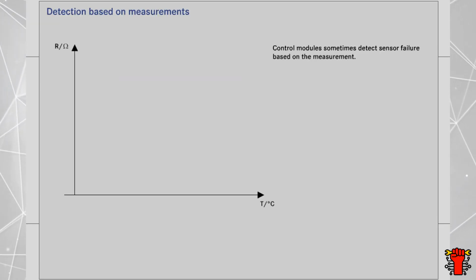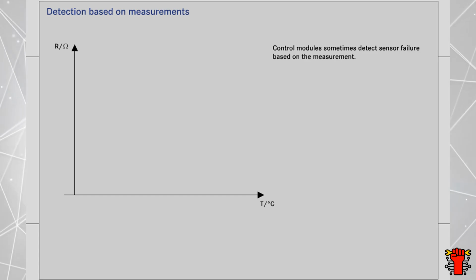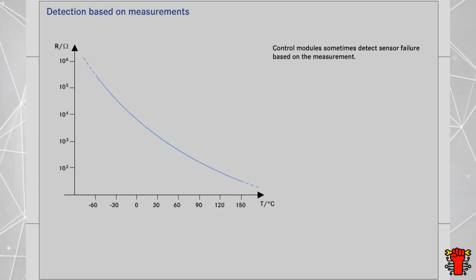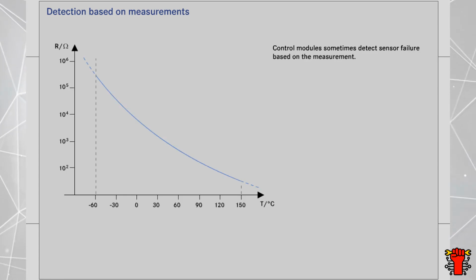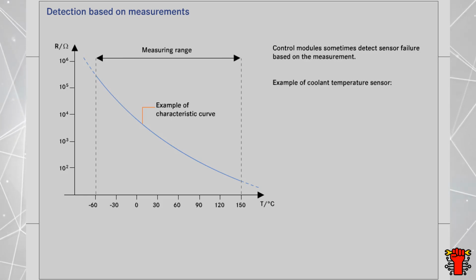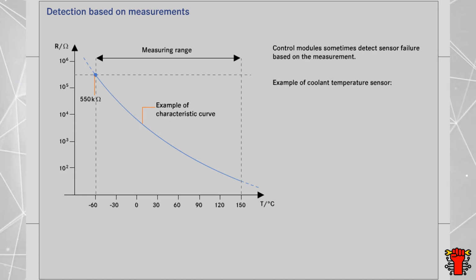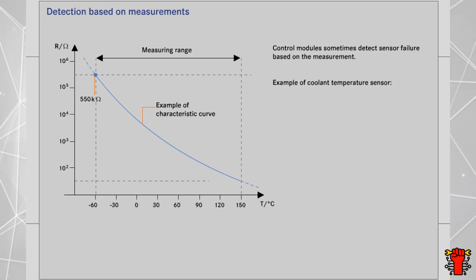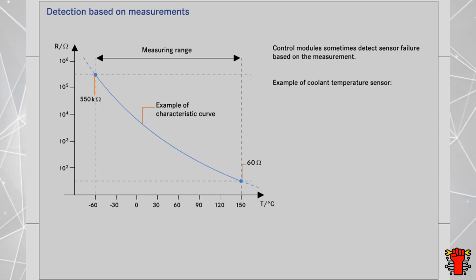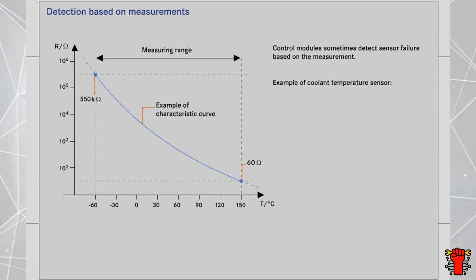Control modules are sometimes able to detect sensor failures based on the measurements that they output. Have a look again at the sample characteristic curve of an NTC resistor on the coolant temperature sensor. At minus 60 degrees centigrade, it has a resistance of around 550 kiloohms, and at 150 degrees centigrade, a resistance of 60 ohms.